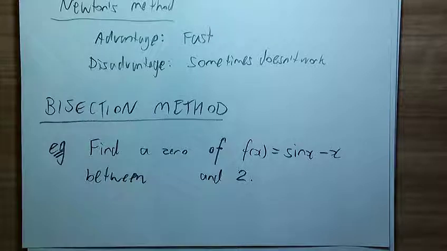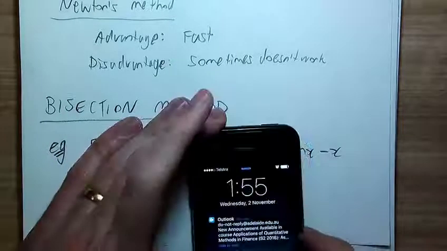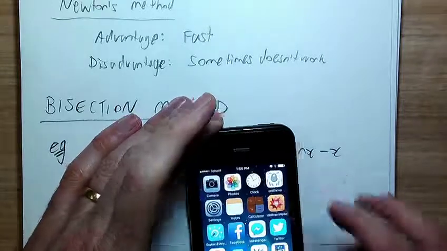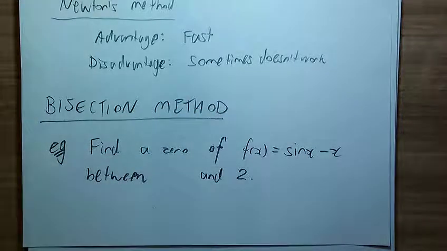Let's find one. Who's got a calculator? I know, I've got a phone, that does it. Can't use that in my exam, though. Sine of pi on 2 is 1, right?